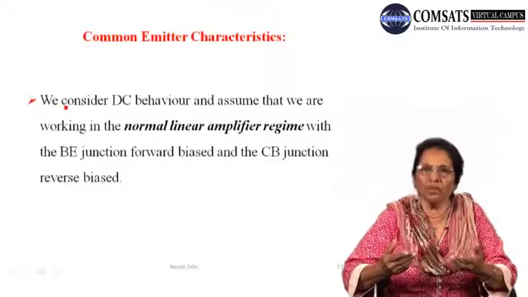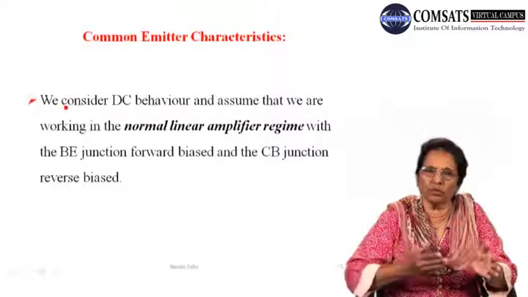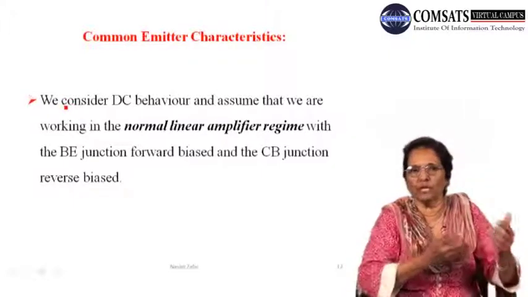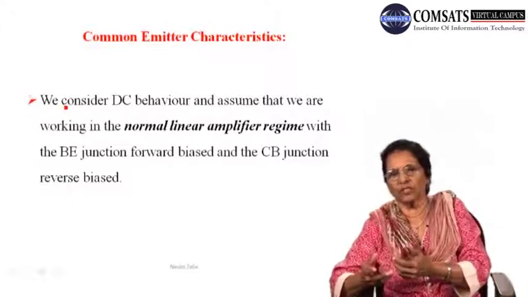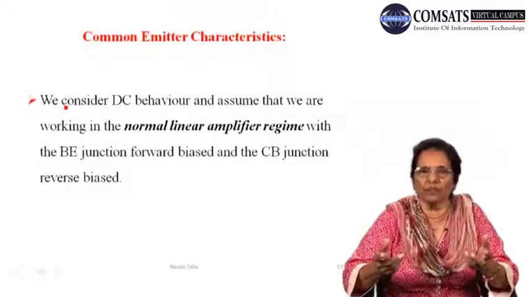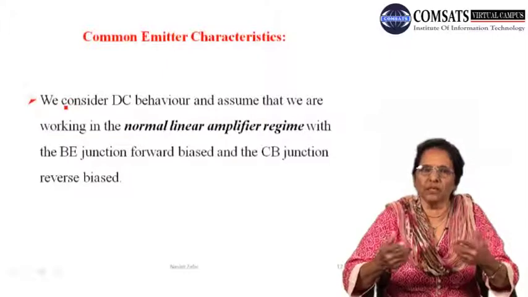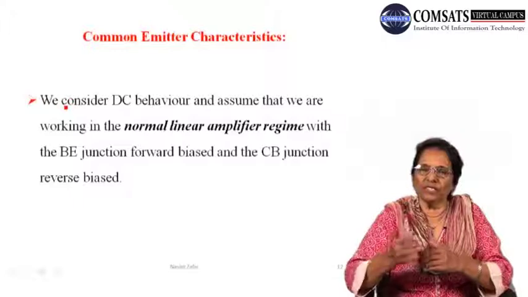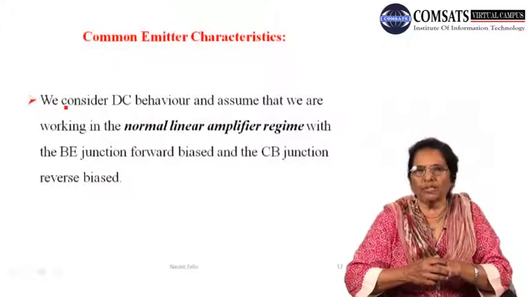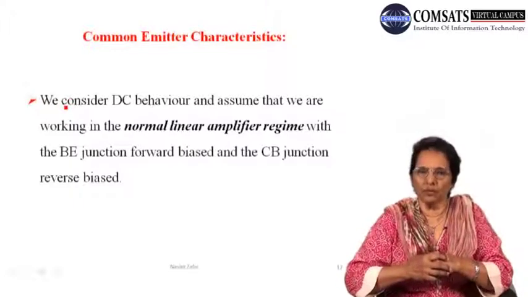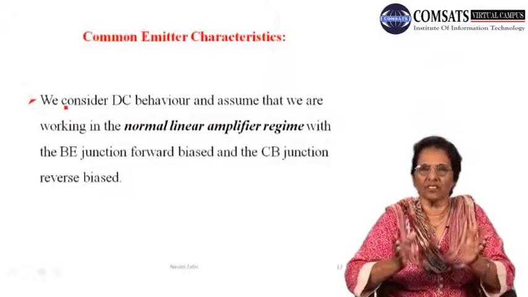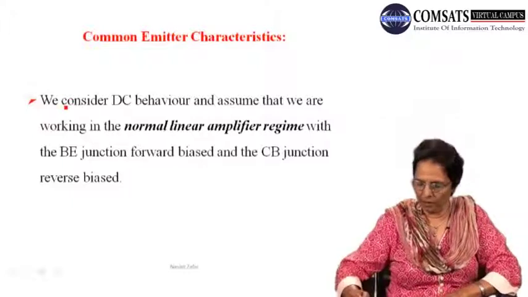If you choose the input as base, because the emitter is common between the input circuit and the output circuit, only the two good parameters are the input, which is the base current, and the output, which is the collector current. So if we take the ratio of the output current IC and the input current IB, then normally the gain factor comes out to be as large as 100, as we shall see in a minute.